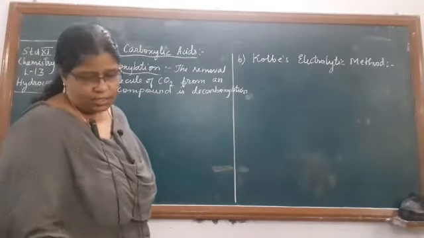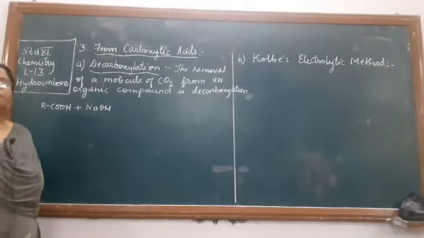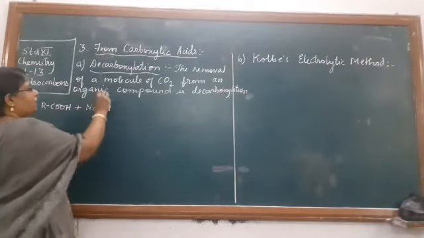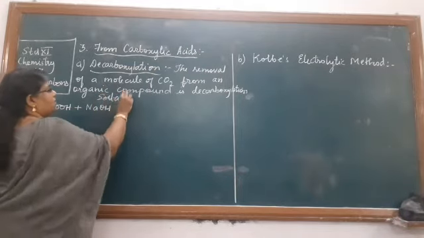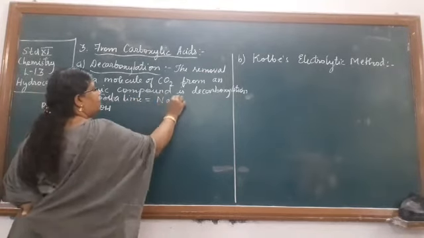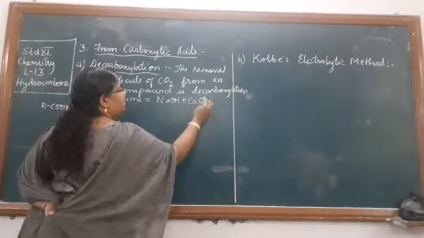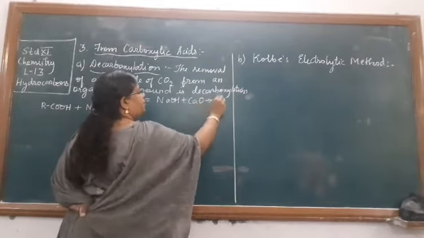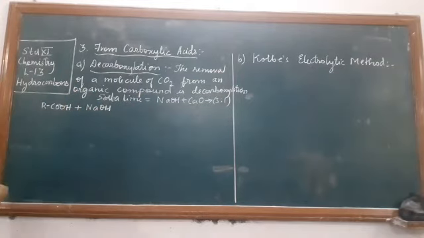Soda lime is NaOH plus CaO taken in the ratio 3:1, meaning 3 parts NaOH and 1 part CaO.